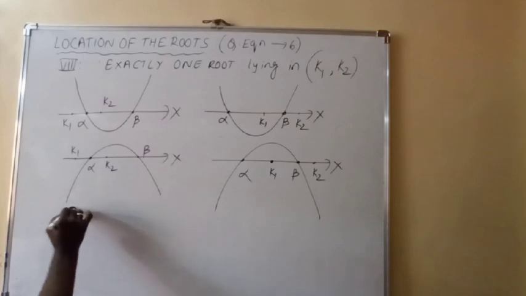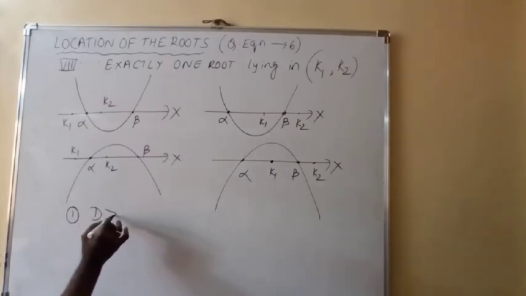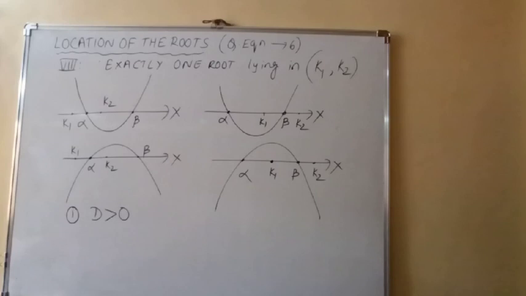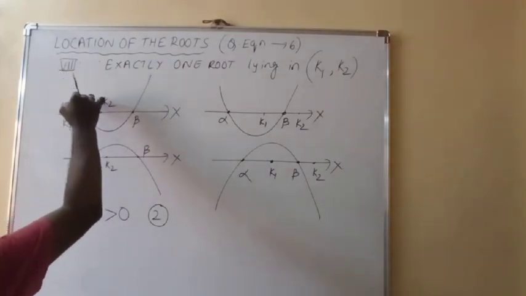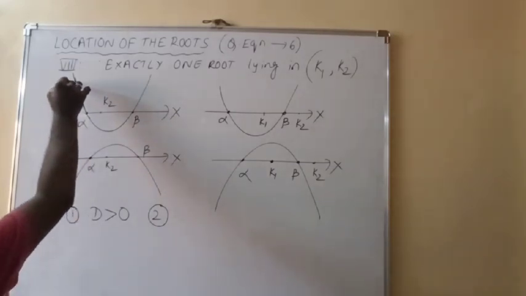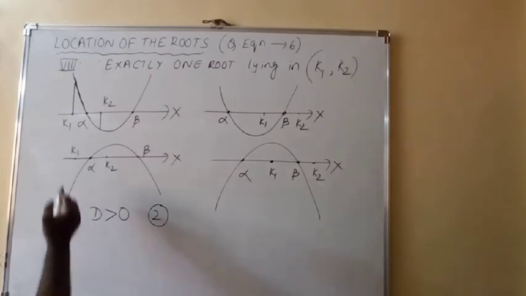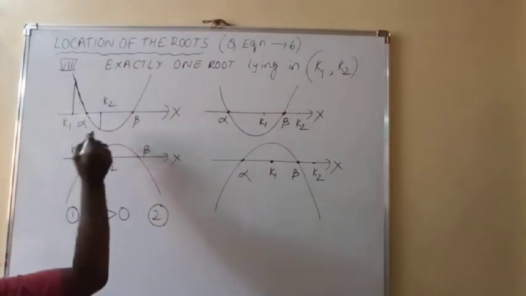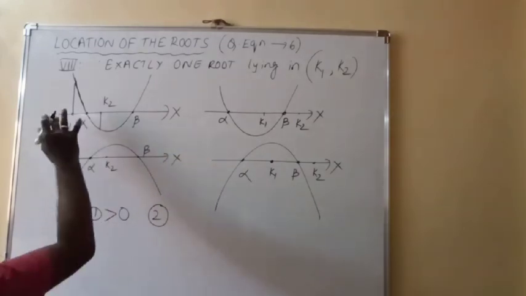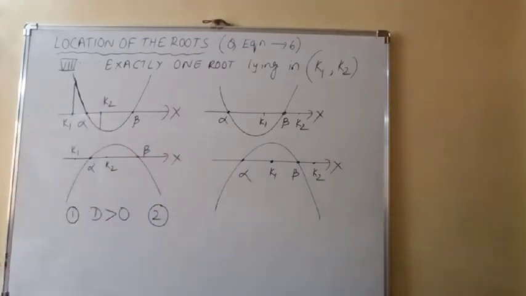So clearly, what will be the first condition? Discriminant should be greater than 0 only, because the roots must be distinct. Now if you observe in all cases, f of k1 and f of k2 are of opposite sign only. See here, in this case f of k1 is positive, here f of k2 is negative, because at k1 the graph is above the x-axis and at k2 the graph is below the x-axis. Here f of k1 is positive, f of k2 is negative.